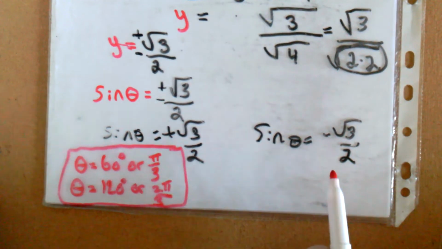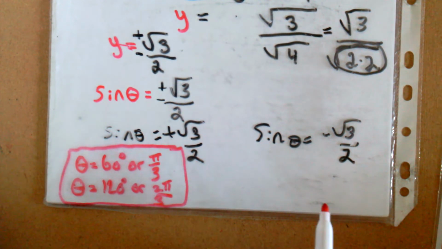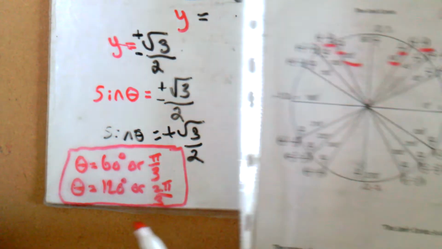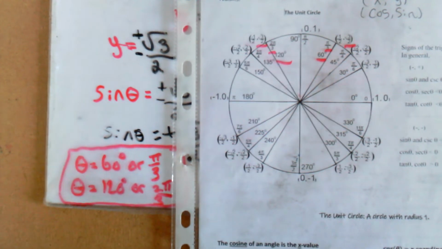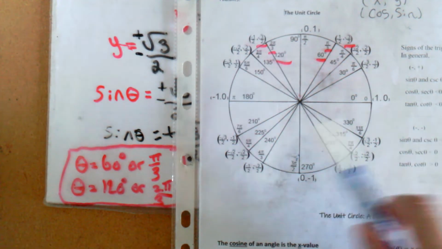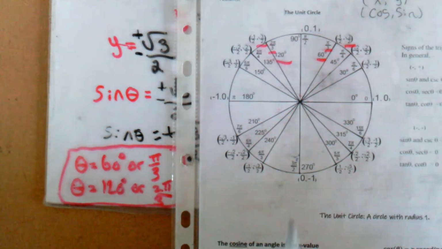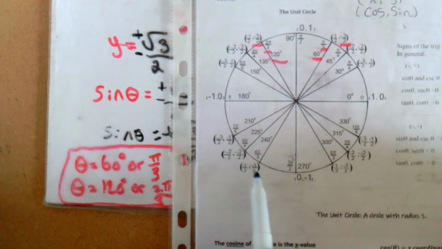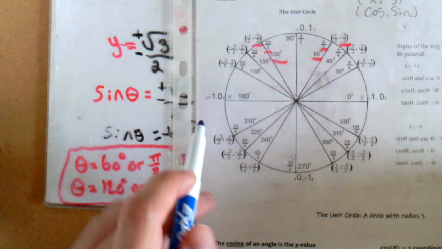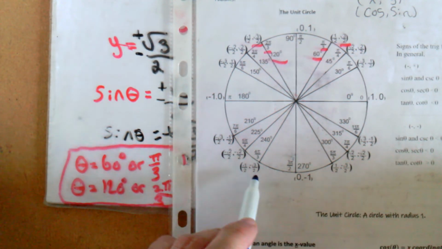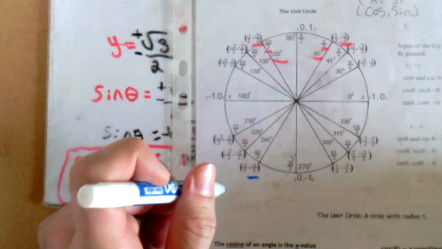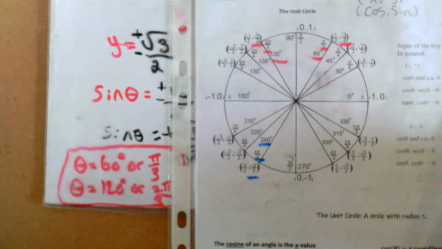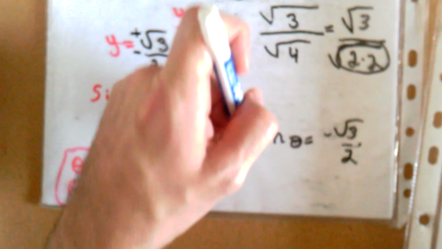Okay, now let's go ahead and look at where sine can be negative square root of 3 over 2. So remember that sine is negative below the x-axis in quadrants 3 and 4, because that's where y is negative. So we need to figure out which coordinates have sine negative square root of 3 over 2. It looks like sine is negative square root of 3 over 2 right here at 240 degrees or 4 pi over 3 radians.